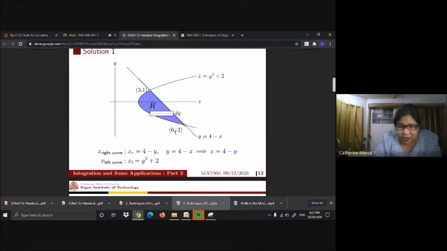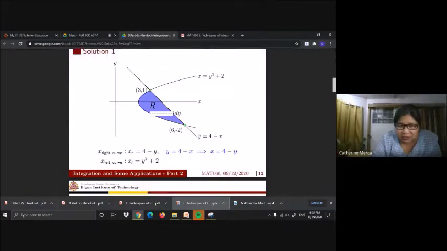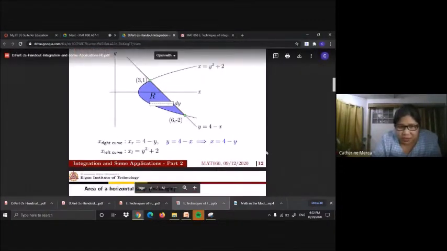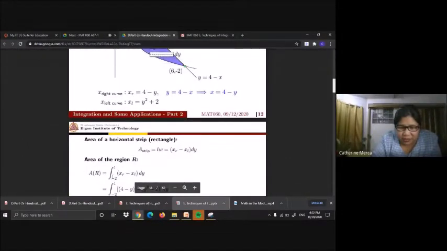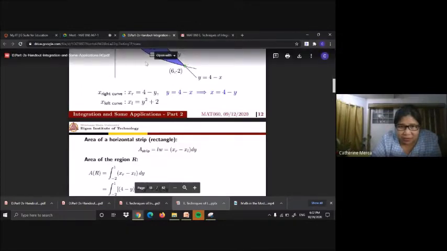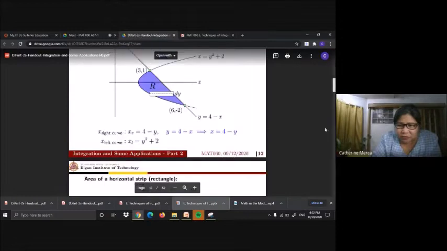So negative 2, 6 and 3, 1 ang points of intersection nila. Now, if it is with respect to y, dy mani, so the limit should be from, what is the value of y here? The value of y here is negative 2, and the value of y here is equal to 1. So you have negative 2 to 1.